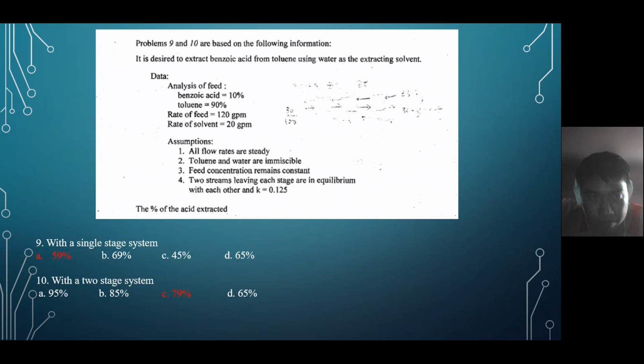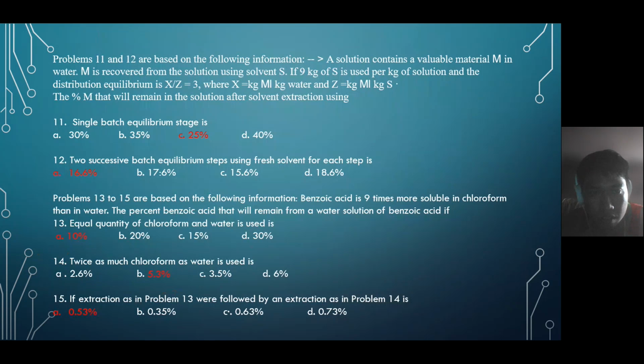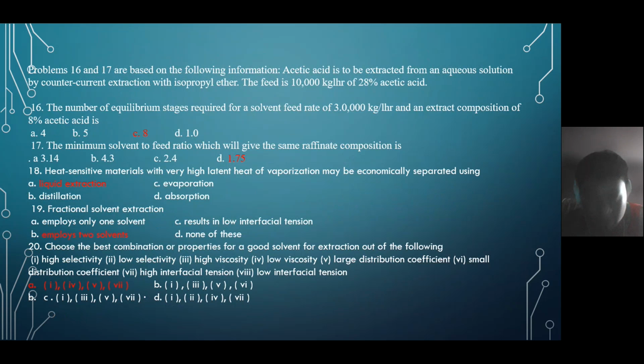Another problem, number 18, so we'll be continuing in number 18. Heat sensitive material with very high latent heat of vaporization may be economically separated using A, liquid extraction, B, distillation, C, evaporation, D, adsorption. So we will analyze it using what we have learned from our previous lessons.